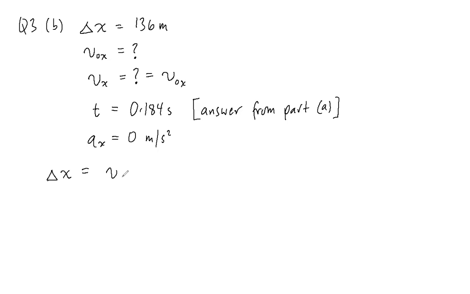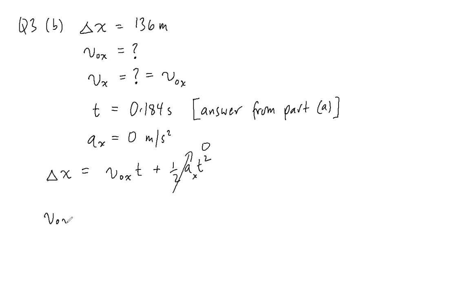Delta x equals v0x times the time plus 1/2 a t squared. Okay, but if we plug in, oh, sorry, this should say ax, my bad. If we plug in ax equals 0, this whole thing drops out, so we're just left with this. So we can go ahead and solve this for v0x.